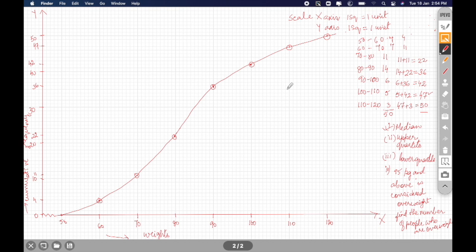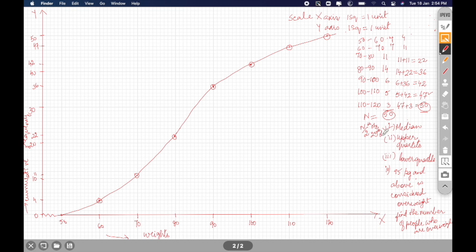So now let us find out the median. The sum of the frequencies is 50. So here I'll say capital N equals 50. For the median, we will find the n by 2th observation, which means the 25th observation.